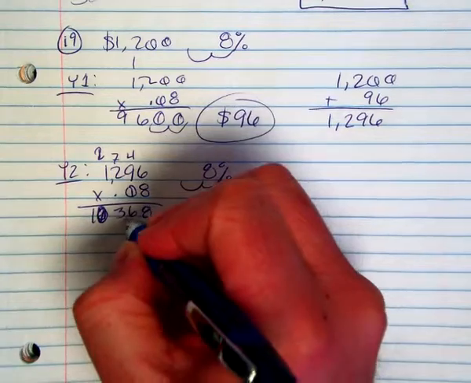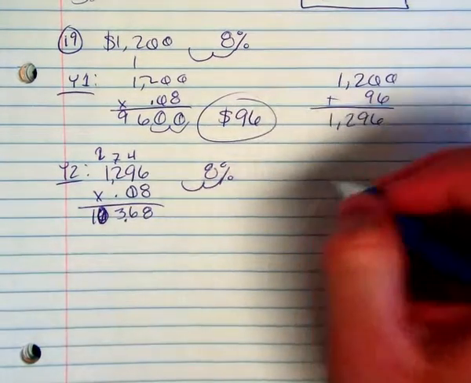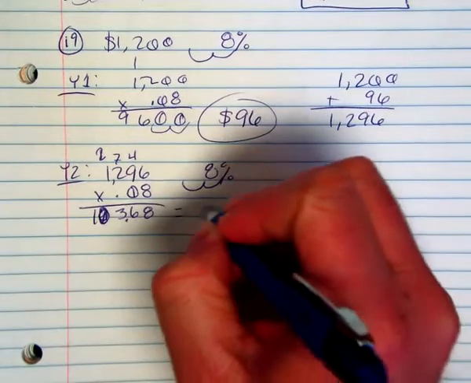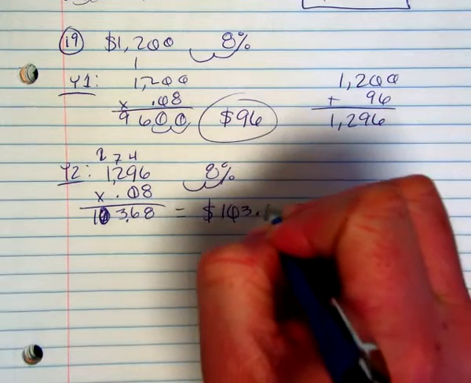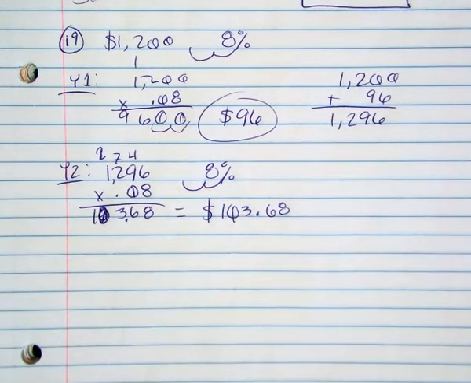So we bring it in 2 places. So that means that this year we made $103.68.